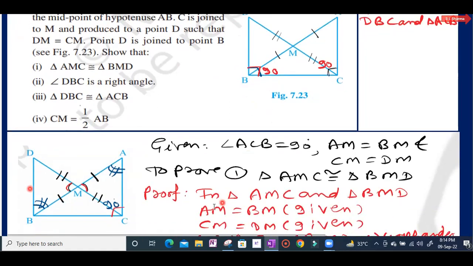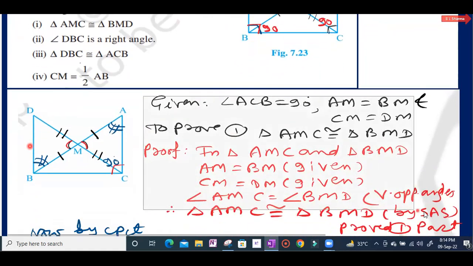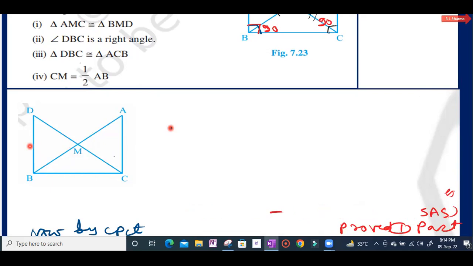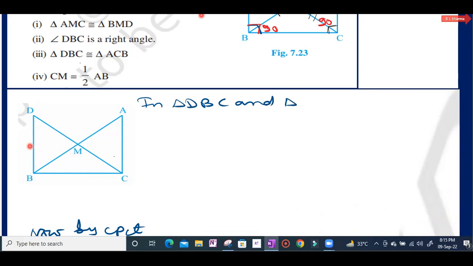Okay, I'll have to remove some part of it। मैं इसका कुछ पार्ट रिमूव कर देता हूं यहां से। Okay, see here, in triangle DBC and triangle ACB, ये हम थर्ड पार्ट के लिए कर रहे हैं। देखिएगा AB is equal to AC, you know why?